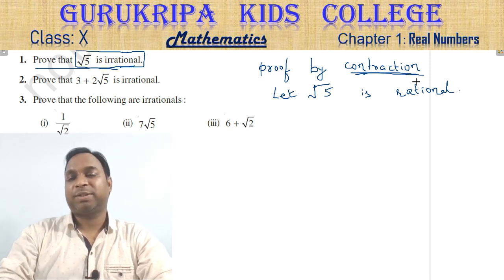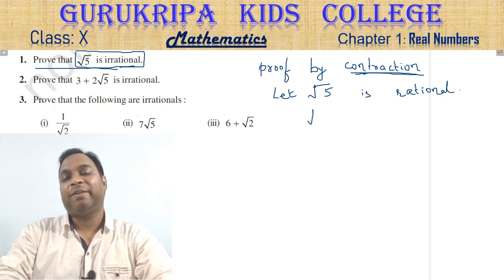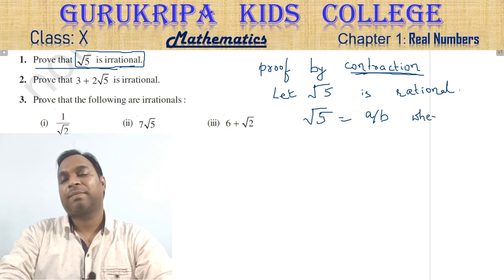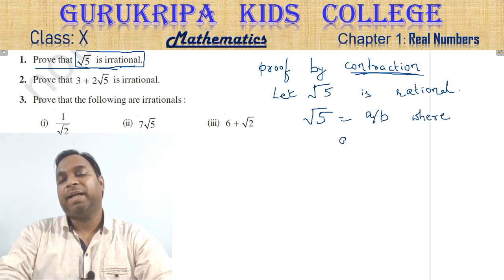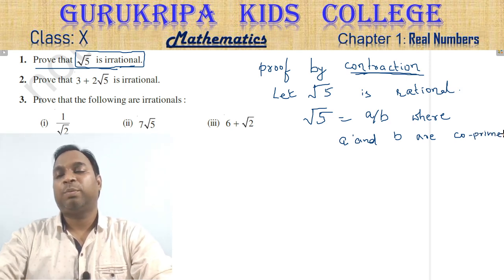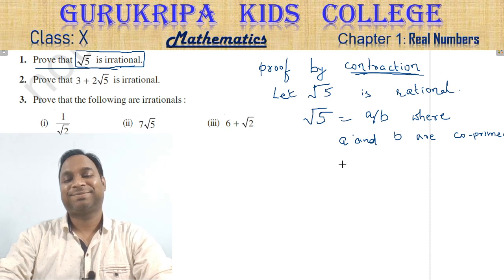So let square root 5 be rational. Then we can write square root 5 is equal to A divided by B, where A and B are co-prime integers. What do you mean by co-prime? Do you remember that?